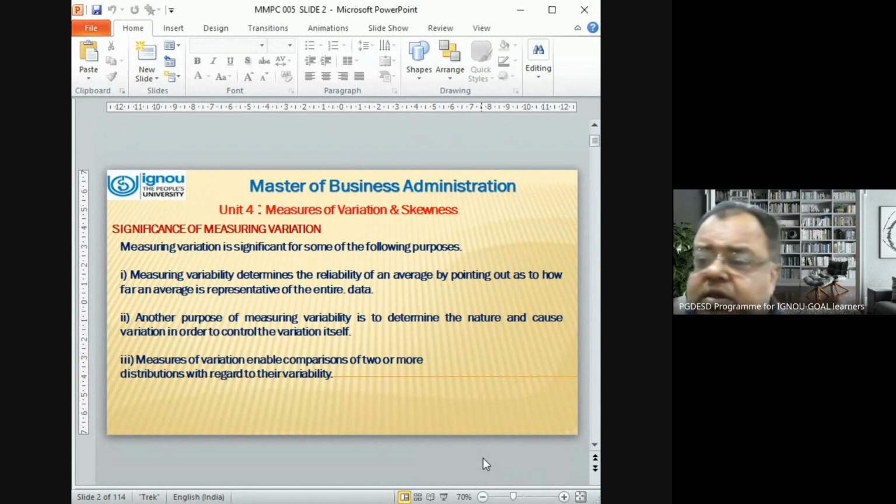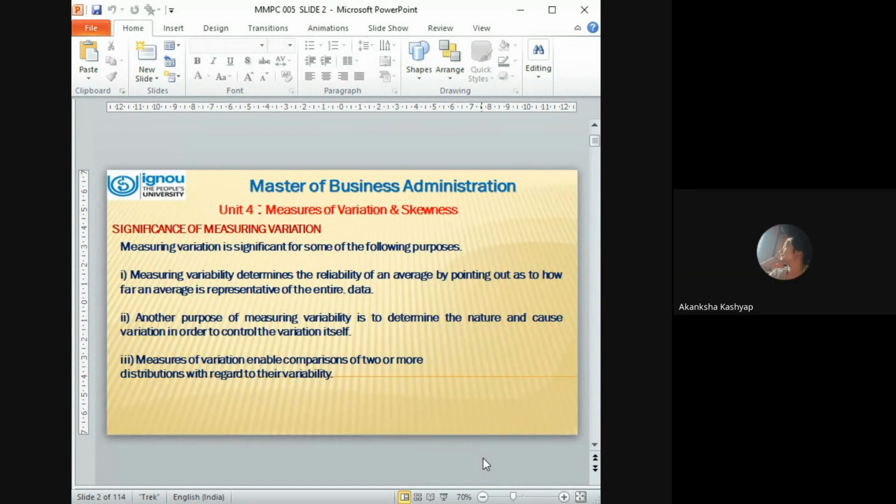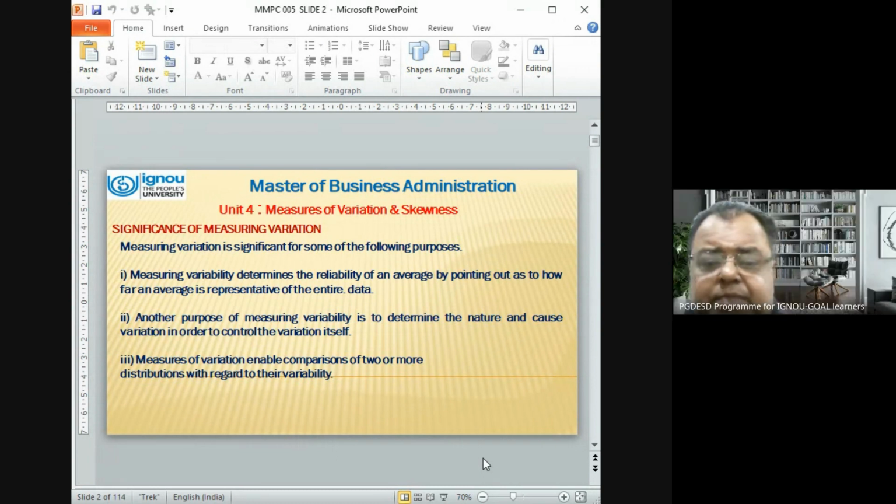Third, measure of variation enables comparison of two or more distributions with regard to their variability.